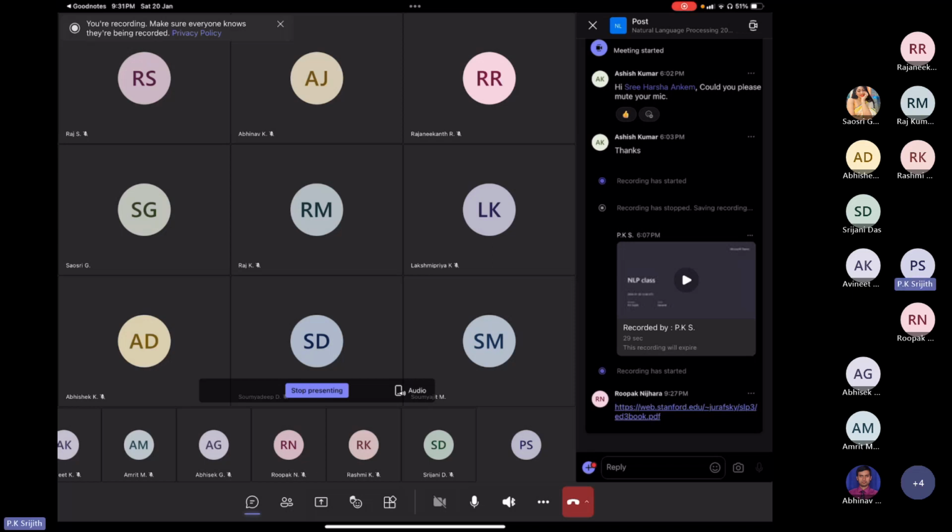Maybe you can just message here. No one from MDS 23 for sure. From MDS 22, I guess two or three people will be here. Are they taking convex optimization or NLP? No, both.